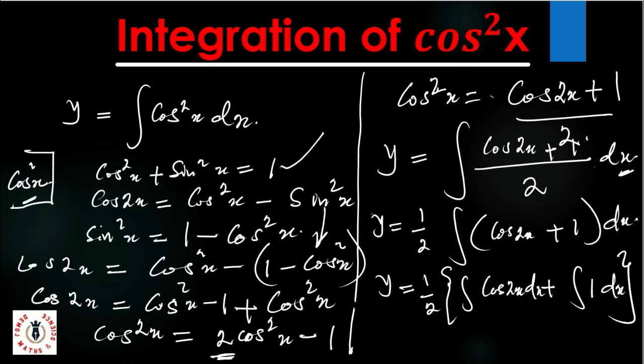Now I can easily integrate each of these one after the other, or you can do them together depending on your convenience. But for me, it's convenient to break them one after the other. So let us solve for the integral of cos 2x with respect to x.